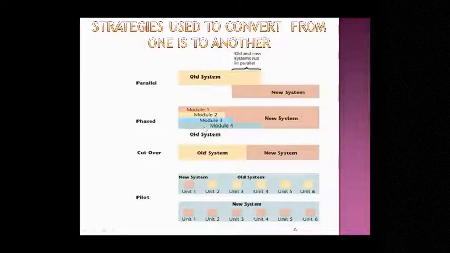For phases, when using the old system, we do the modules. Module 1, Module 2, Module 3, Module 4 to produce a new system. The cutover, the old system to a new system. The pilot, what we have, the new system, Unit 1, 2, 3, 4, 5, 6, the old, and then we'll have now the new system.